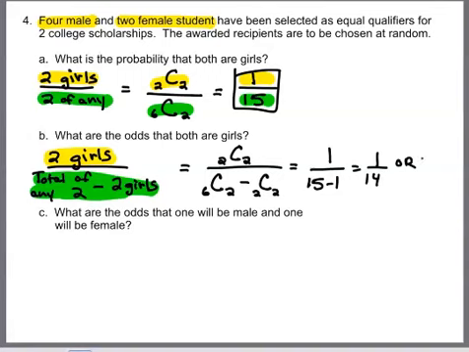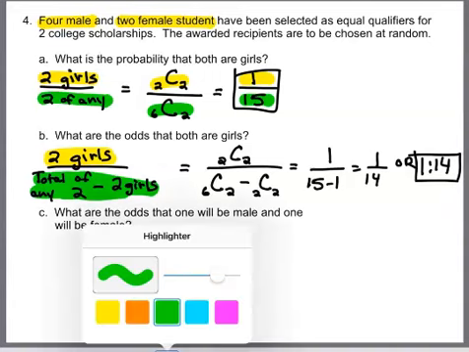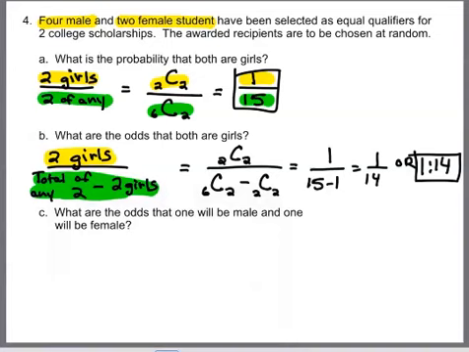But again, I like to write odds as a ratio. So here is a 1 to 14. The odds are 1 to 14 that they're both going to be girls. So two girls, there's one way it came up that way. How many ways did it not come up two girls? 14.